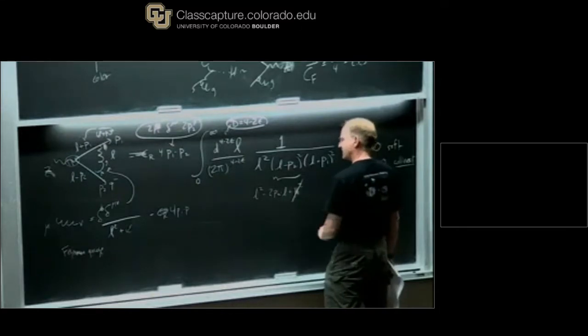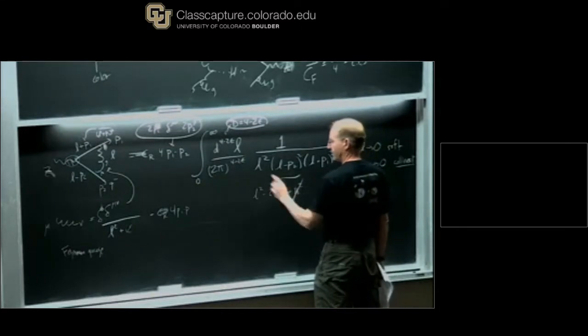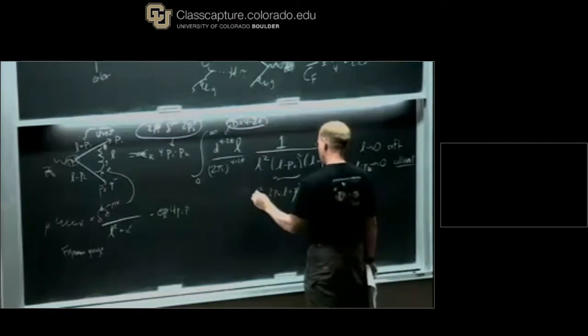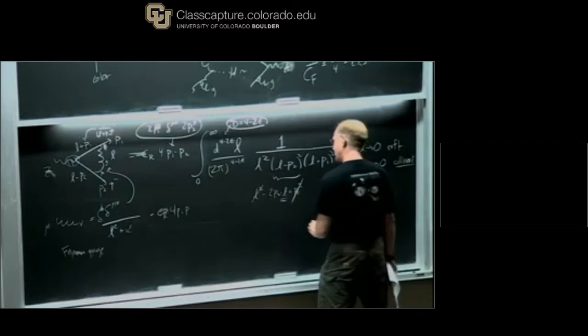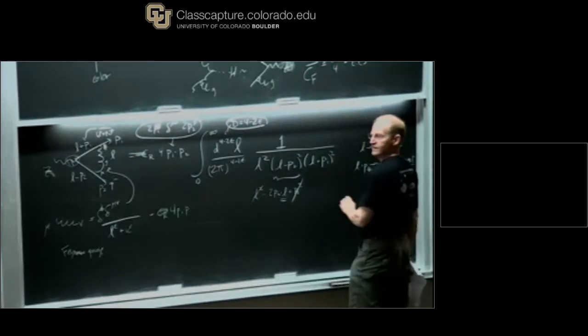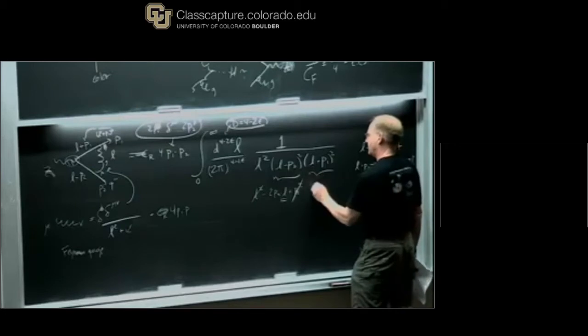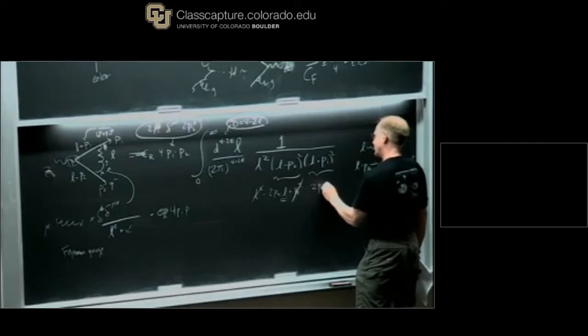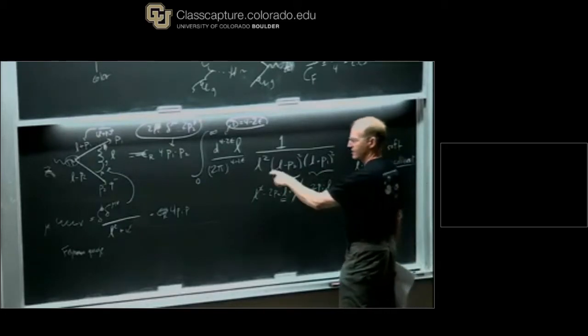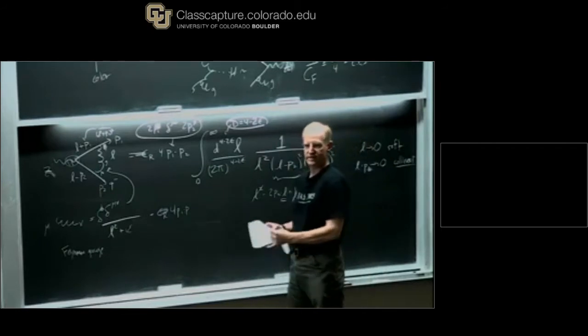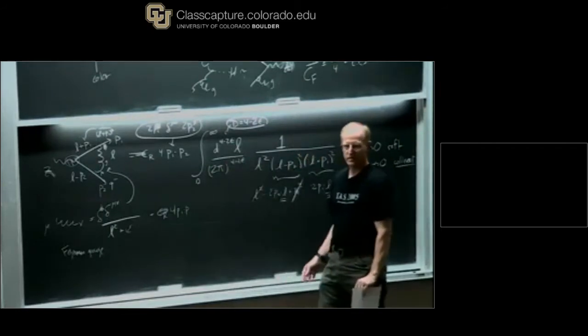But P2 squared is exactly 0 if this is a massless line, and this is also 0. So you see we have something scaling at least linearly to 0 here. And this also similarly has a scaling to 0. So we have 4 powers of loop momentum in the denominator, and we have only 4.